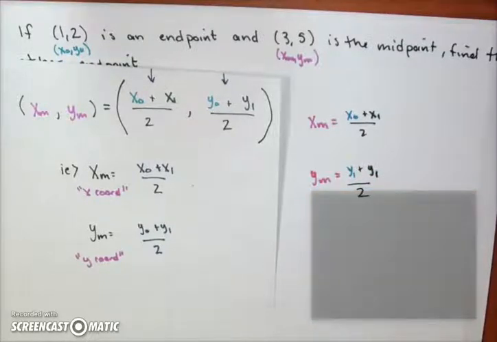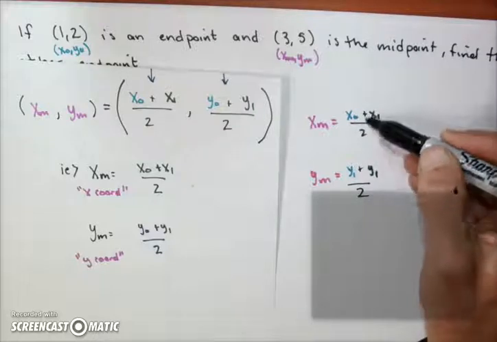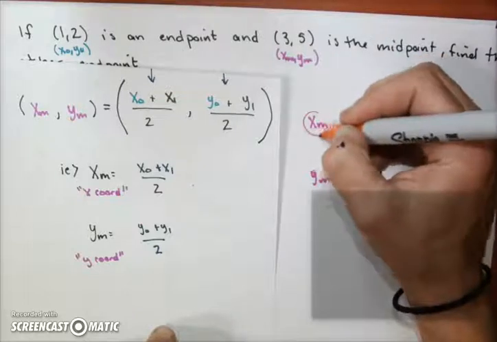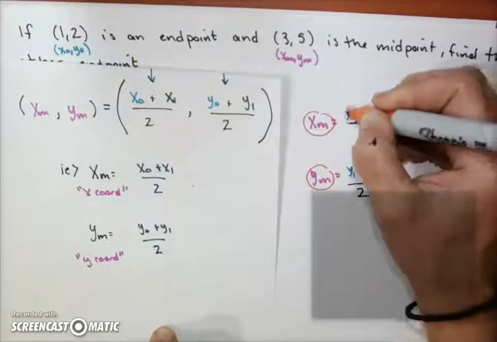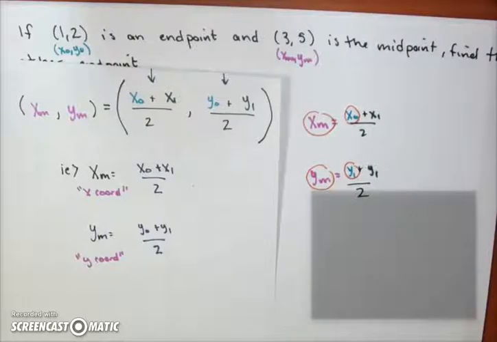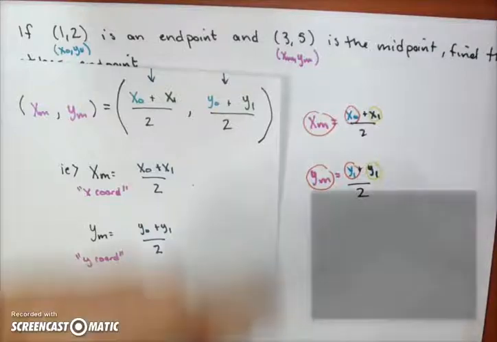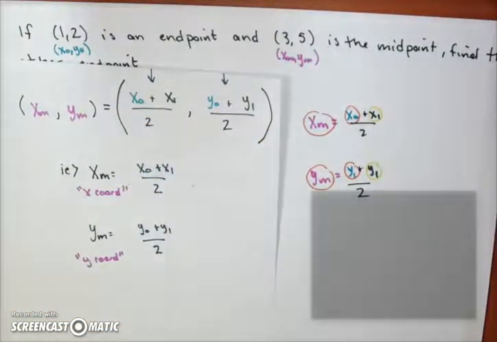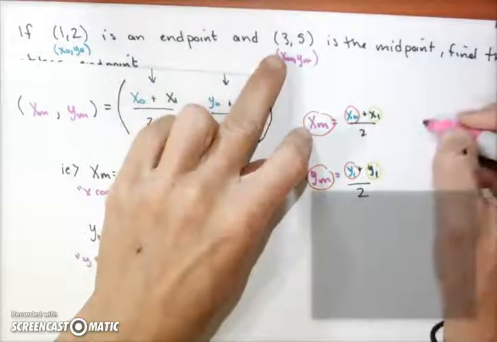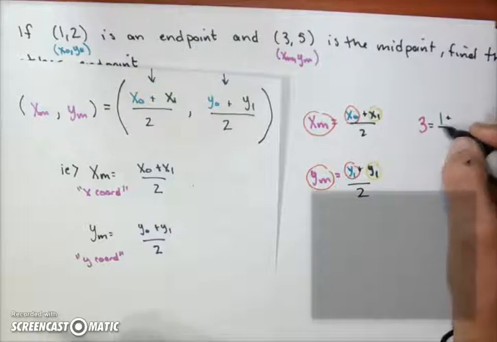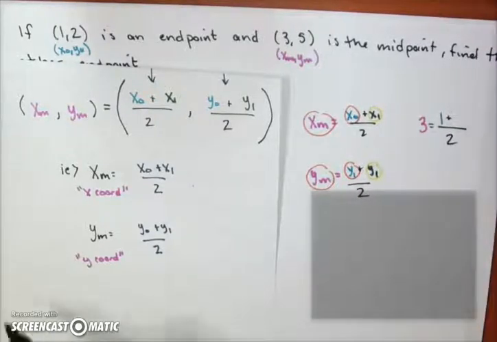In our last example, we were given the x coordinates and y coordinates at the endpoints. In this example, we're given xm, ym, x0, and y0, and we're asked to find x1 and y1. We can do it in each of these equations. So xm is 3, x0 is 1, and we need to find x1.